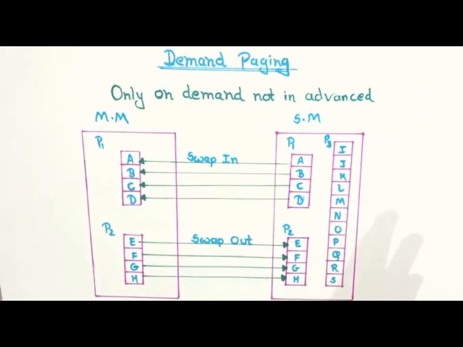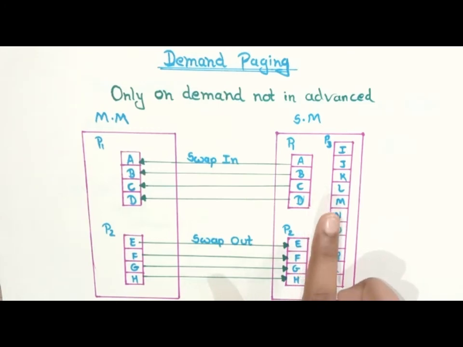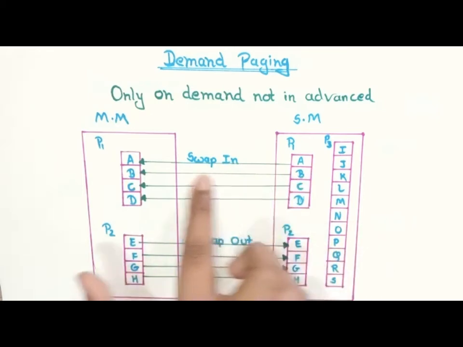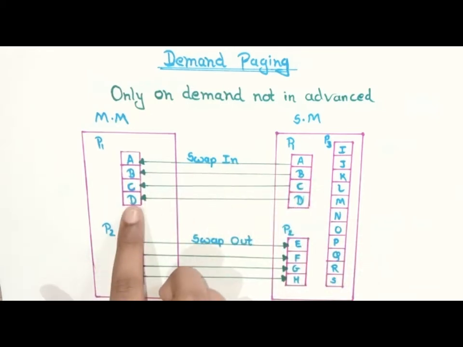Whenever the CPU demands process P1, that data will be stored in the main memory. The data that is present in the secondary memory will be stored in the main memory, that is swap in.